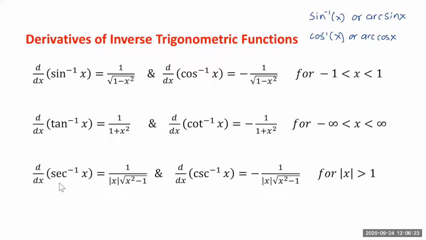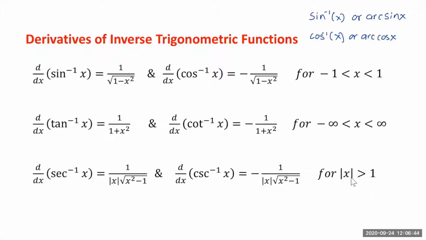Similarly, the third set of formulas: the derivative of secant inverse x is 1 over the absolute value of x times the square root of x squared minus 1. And for cosecant, it is the negative of that. And the domain for secant inverse and cosecant inverse is that the absolute value of x is greater than 1.